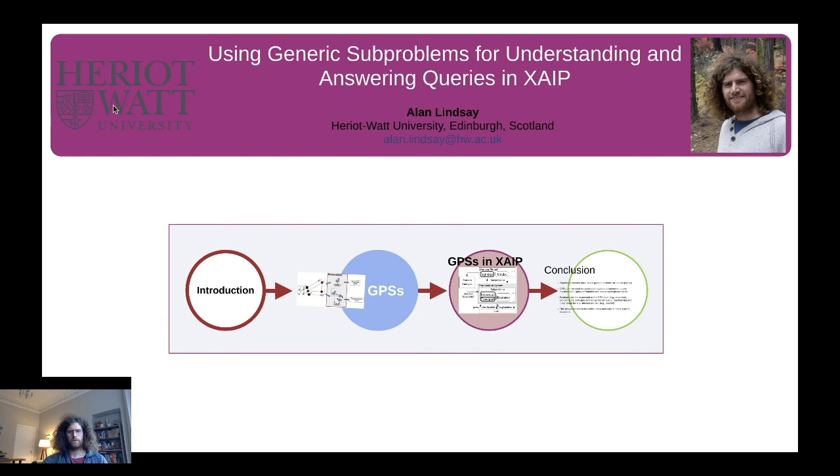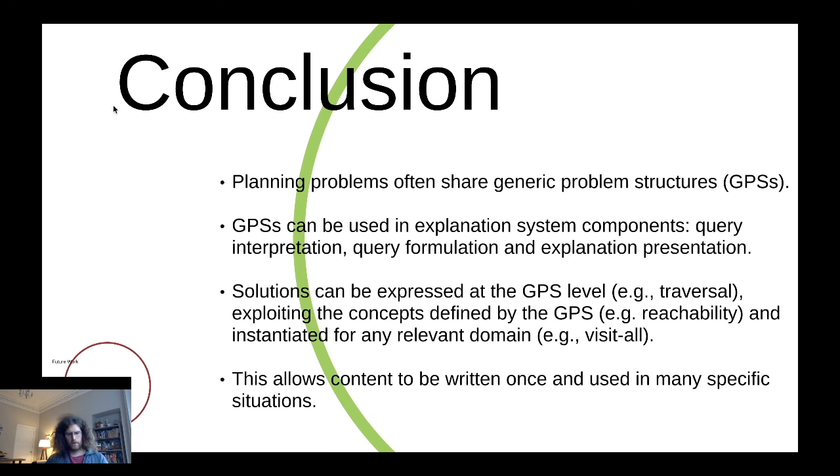And of course that's just an example, but the idea is that that example is written at the generic problem level and then instantiated for a specific domain. Okay, so planning problems often share generic problem structures, and they can be exploited in the context of explanation systems.